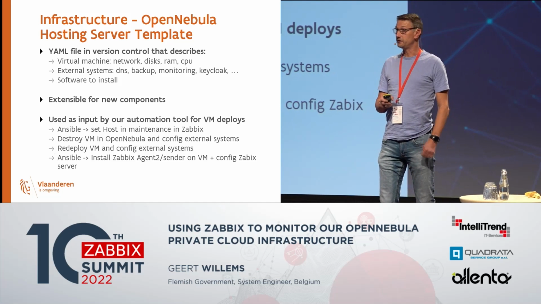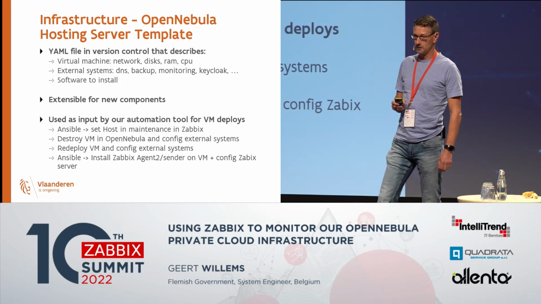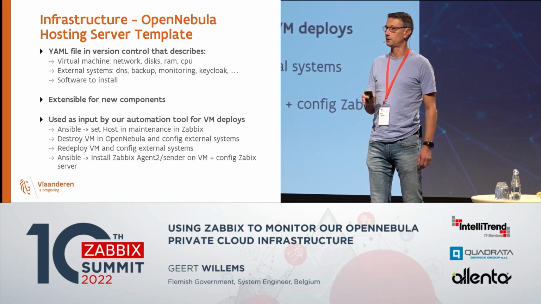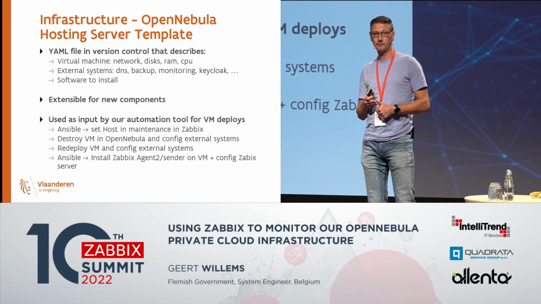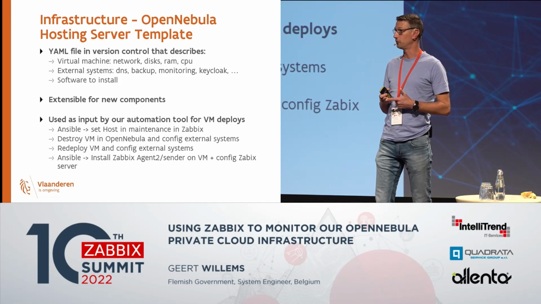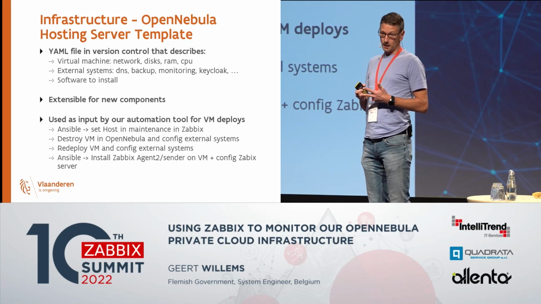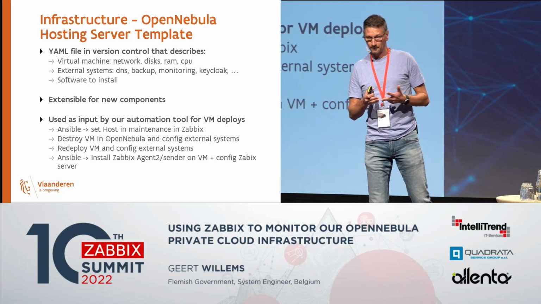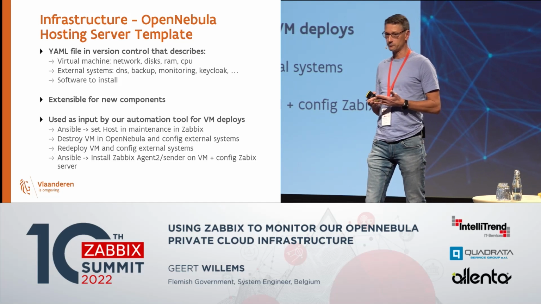And finally, these templates are used by our automation tool for deploying the virtual machines. A few actions done by this deployment process: running an Ansible script, which will set the virtual machine into maintenance mode. Then the virtual machine will be destroyed in Ansible, and the configuration of the external system will be removed as well.